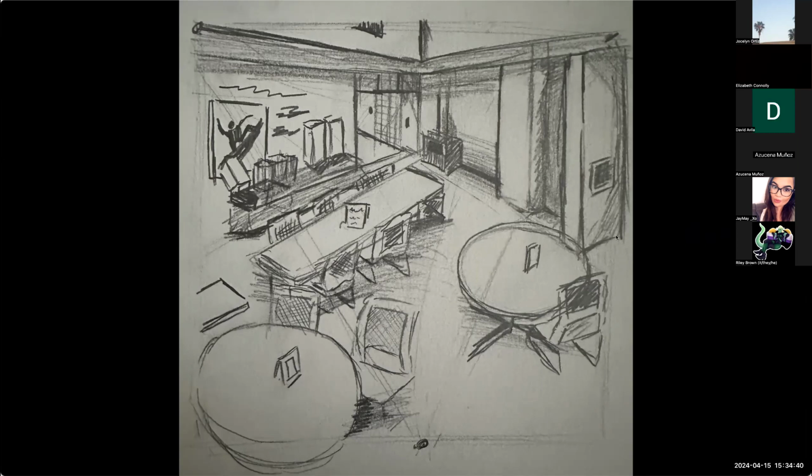Yes. I tried to challenge myself by doing a 3-point perspective. Oh, okay. Near the entrance of where you enter the cafe, there's a TV. And I thought, what if I just drew from that perspective, like if I was the TV looking down. Oh, neat. I like that.